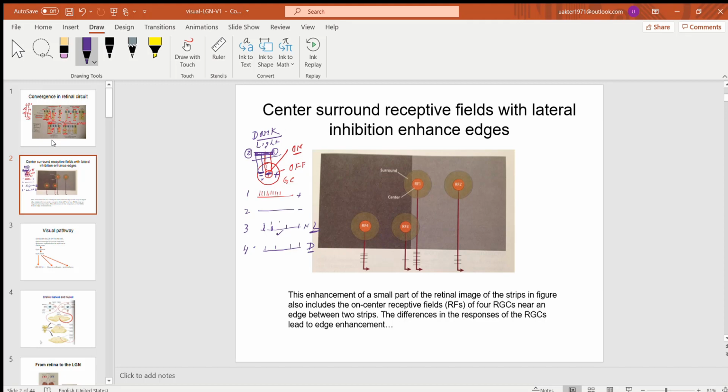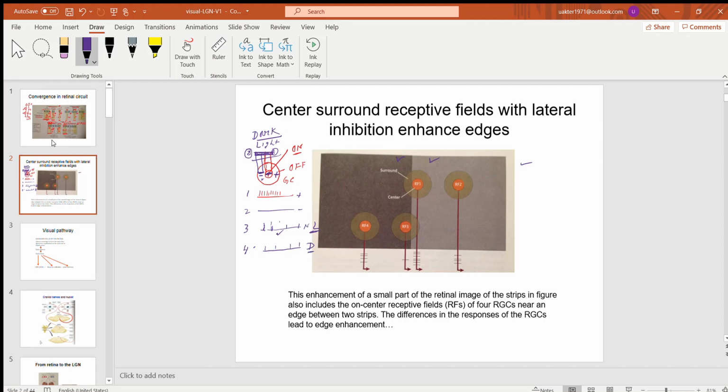So you see that the ganglion cell could be activated in all different ways or inhibited. So now let's see here. This is the stimulus. Here you have a dark part and a light part.